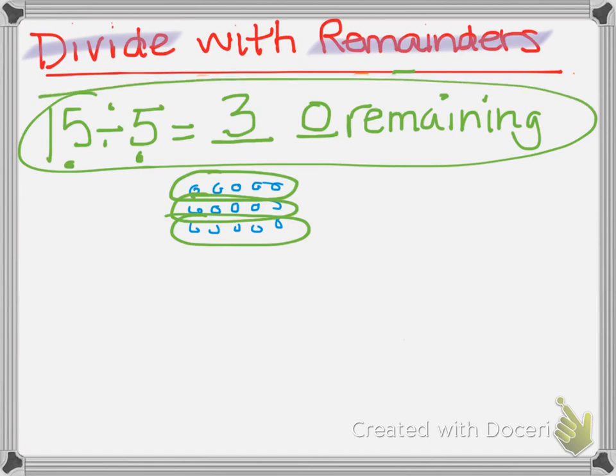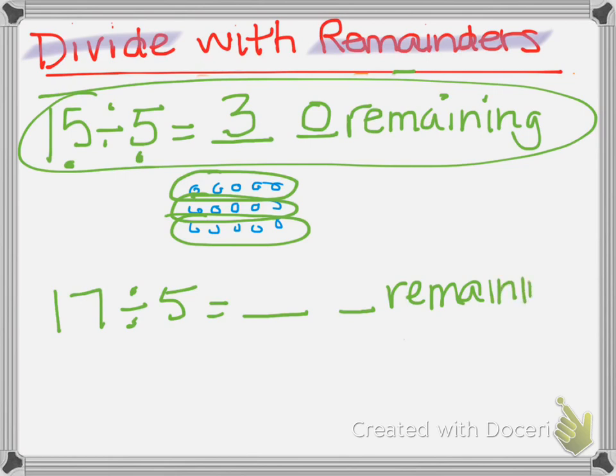All right, let's do it again. And this time let's do 17 divided by 5 equals how many groups of 5 and how many remaining? Okay, so we need 17: 1, 2, 3, 4, 5, 6, 7, 8, 9, 10, 11, 12, 13, 14, 15, 16, 17.